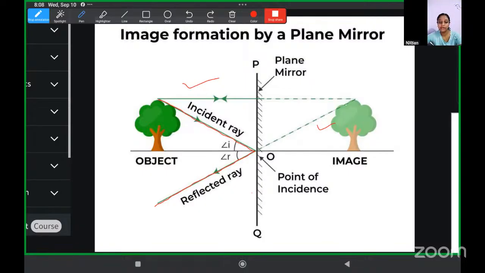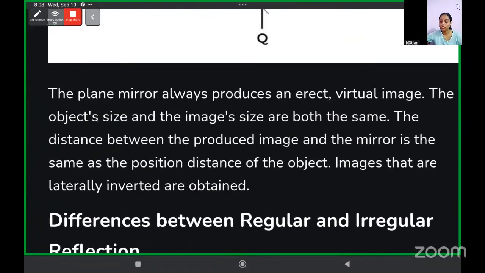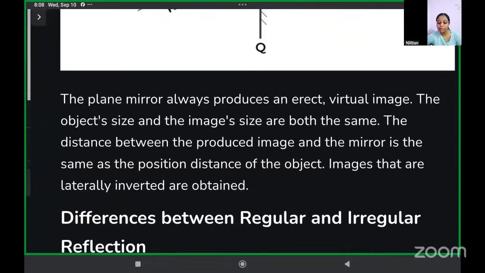Real images are basically formed by a concave mirror, that is a converging lens, and virtual images are formed by a convex mirror, that is a divergent lens. I'll teach you in detail about both. The plane mirror always produces an erect virtual image. The object size and the image size are both the same.